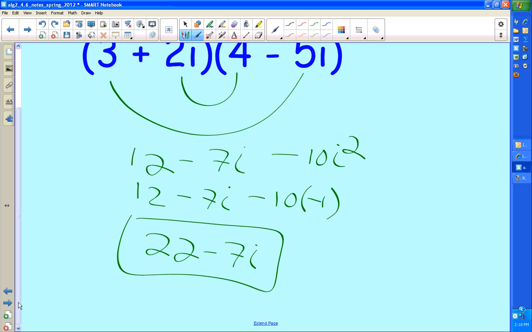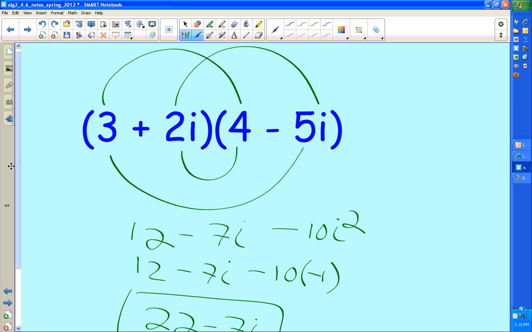Wait, I wasn't paying attention. What did you get in the middle? Okay, this is negative 15i right here, right? This is positive 8i, right? A negative 15 and a positive 8 is negative 7 when you combine them, correct?